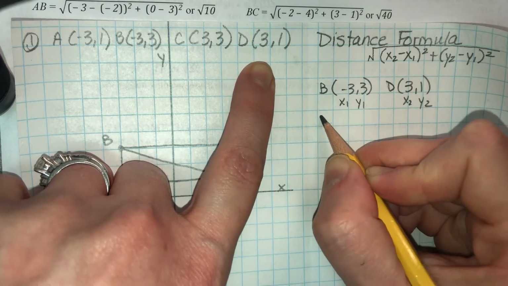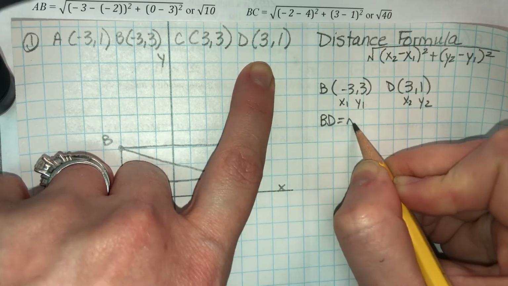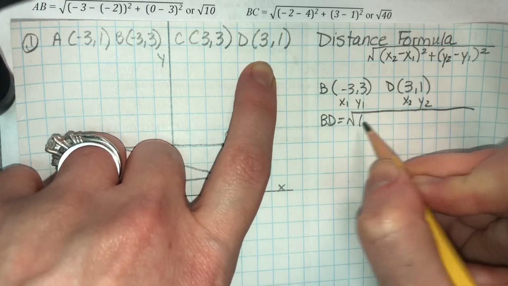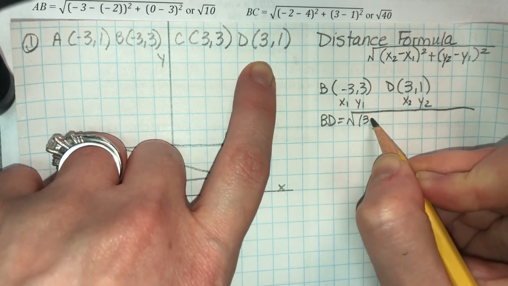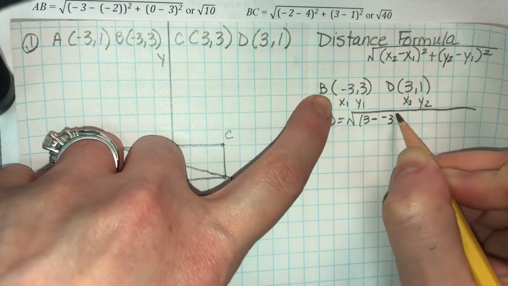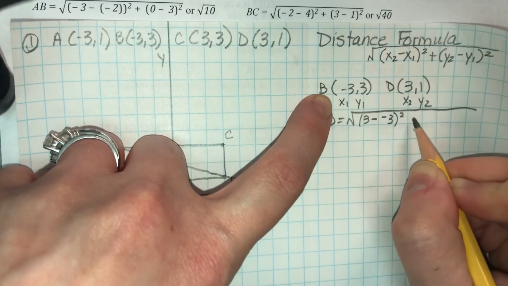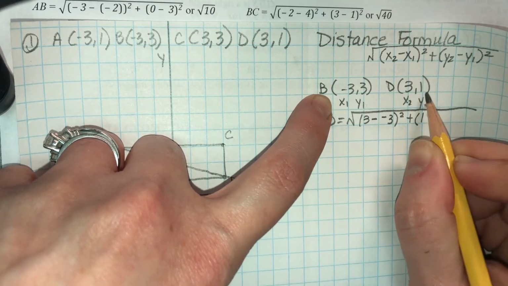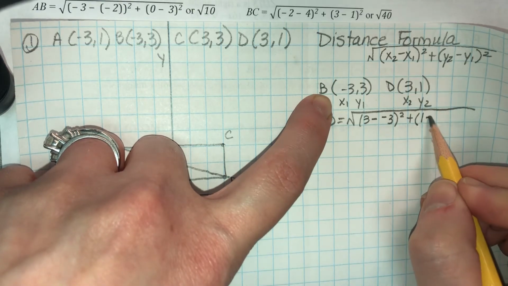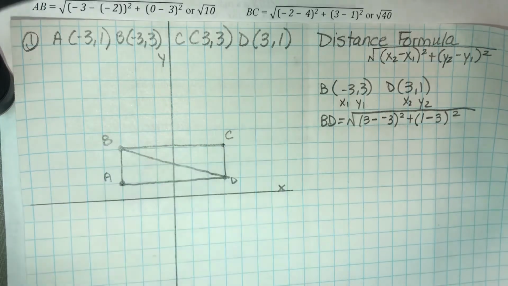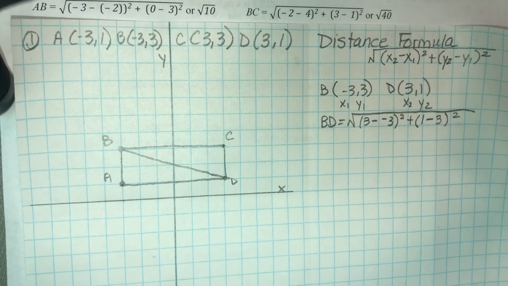And we'll find the distance BD by filling the numbers into the distance formula where they go, starting with x2, 3 minus x1, -3, close parentheses squared, plus new parentheses y2, which is 1, minus y1, which is 3, close parentheses squared. We can use a calculator to find the answer.